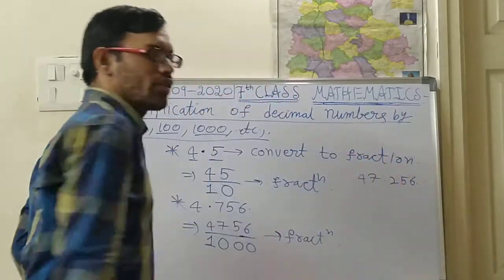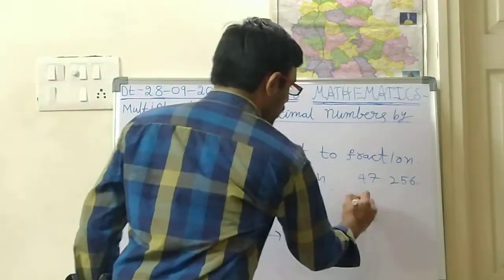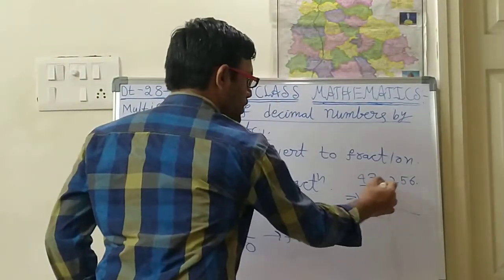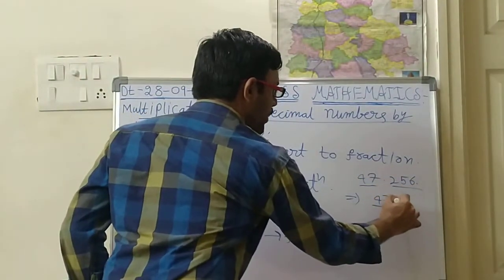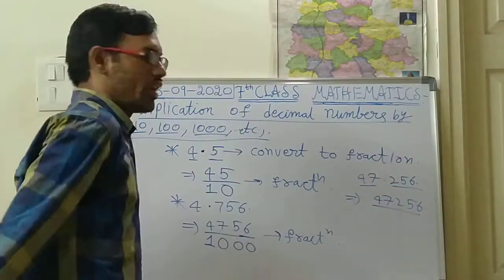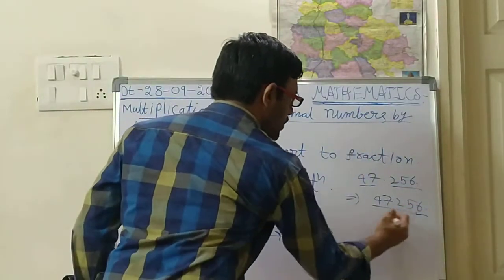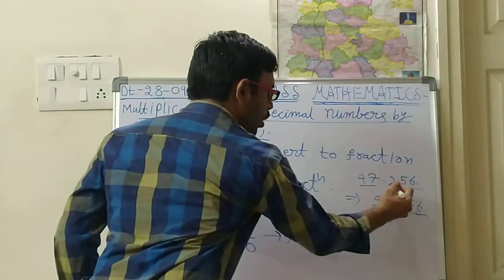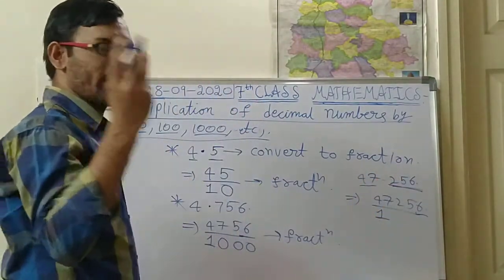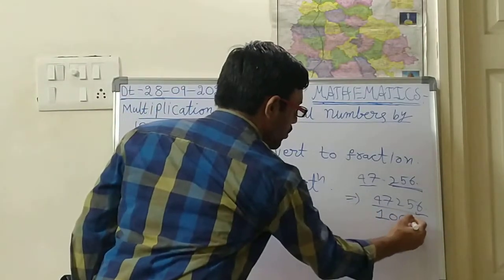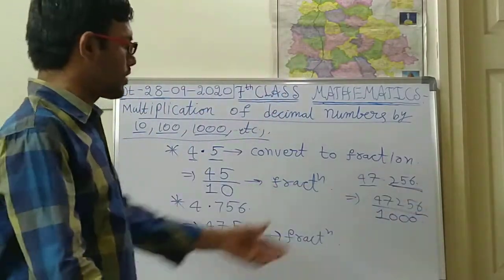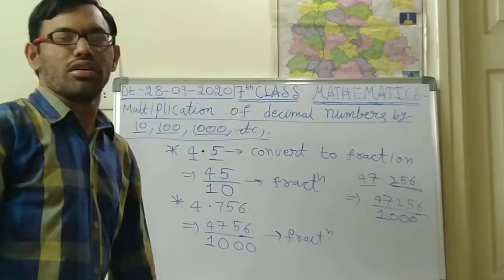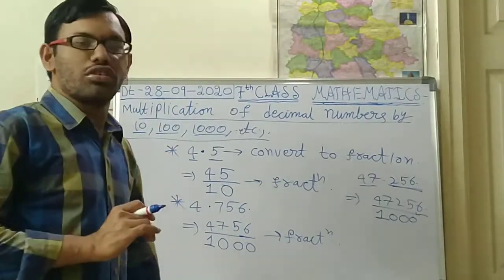Numerator 47256 as it is. In the denominator, start with 1, and after the decimal point there are 3 digits, so 3 zeros. That's it. This is the fraction. Like this you are supposed to convert into a fraction. I think you have understood this.